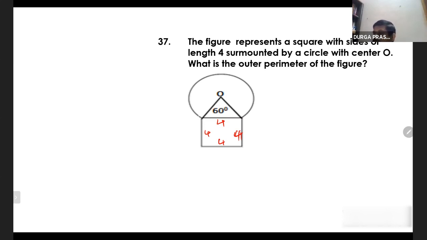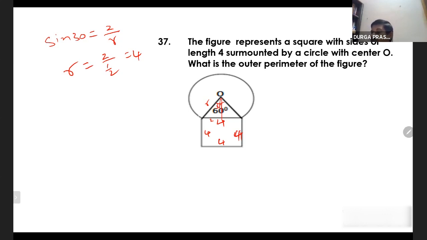So this is 60 degrees. This length is 4. If I drop a perpendicular, this becomes 30 degrees, this becomes 2, and this is radius. Sine 30 equal to opposite 2 by hypotenuse r. So r equal to 2 by sine 30 is half, that is 4. Radius of circle, I got it as 4.